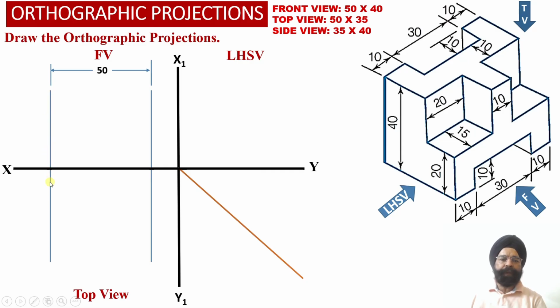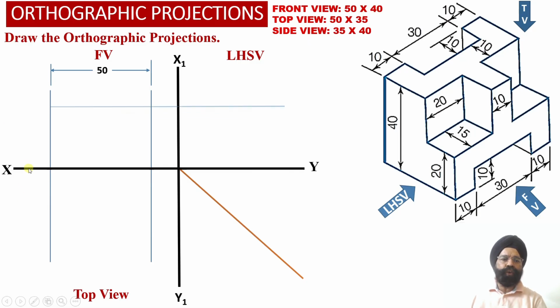we have appropriately extended them into the top view projections as well, because into the top view projections also we are going to require the width of the solid equal to 50 millimeter. Now we also know that the height of the solid is equal to 40 millimeter.